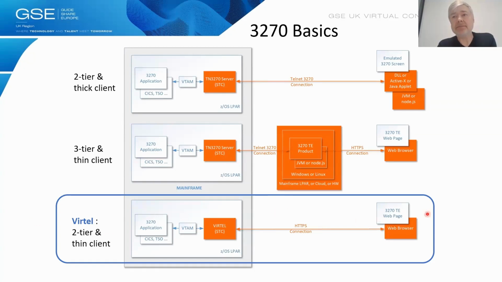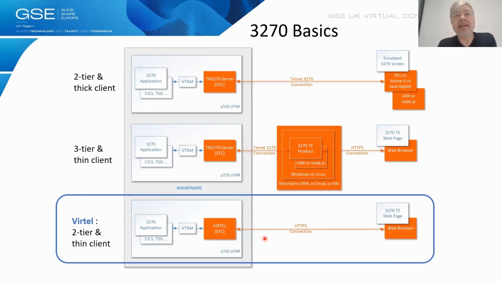With Virtel, it's a bit of a mix of the two, where you have your web browser. Instead of connecting to an external server, it connects to a web server that's actually running within the Virtel started task. So Virtel runs as a started task on your z/OS.